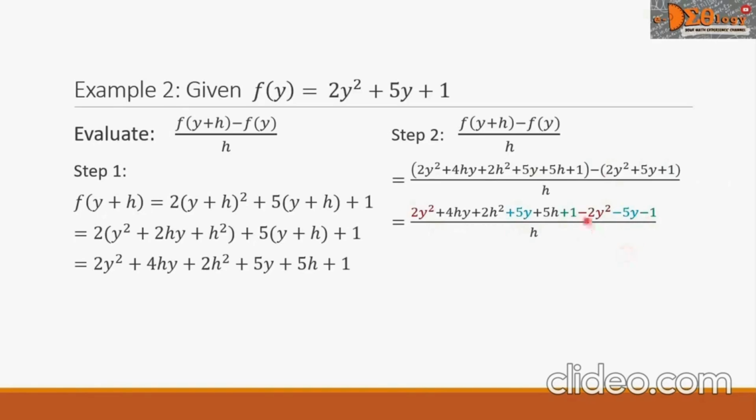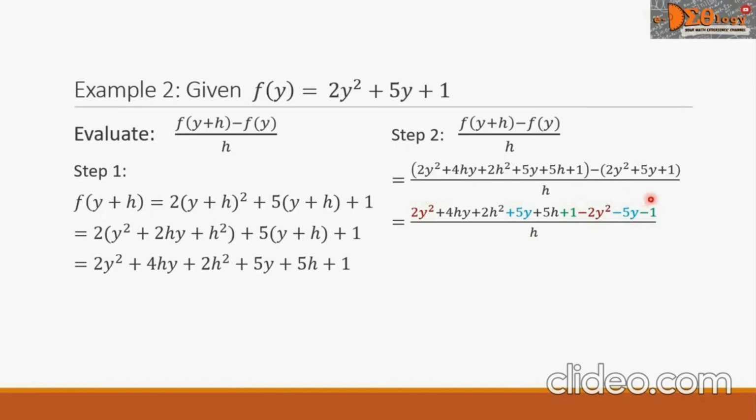And then let us see some terms that we can combine. I see here 2y squared and there is negative 2y squared here. Also this positive 5y and there is negative 5y here that can cancel each other. There is positive 1 while there is a negative 1 on the last part here.